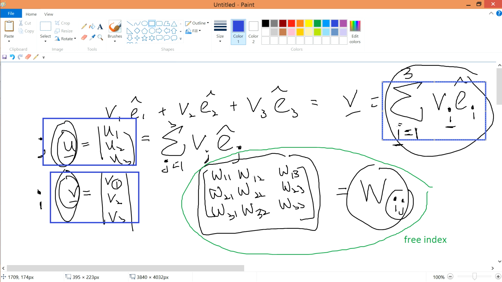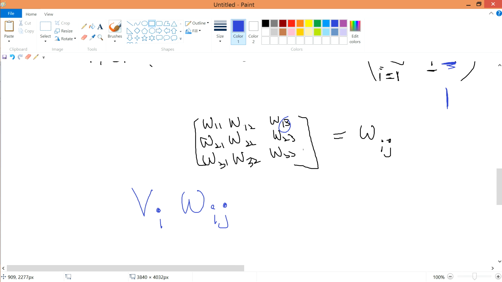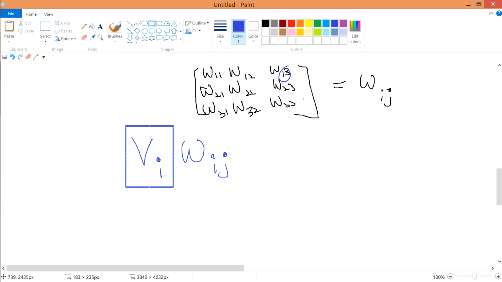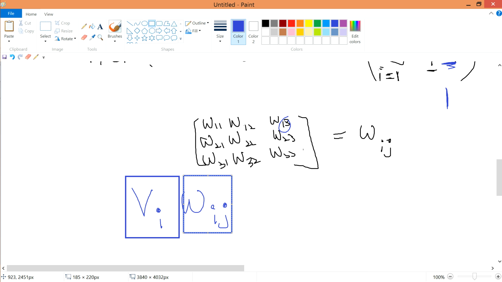So if I take another vector of i and multiply it with the already existing i within this matrix, this already comprises u and v.